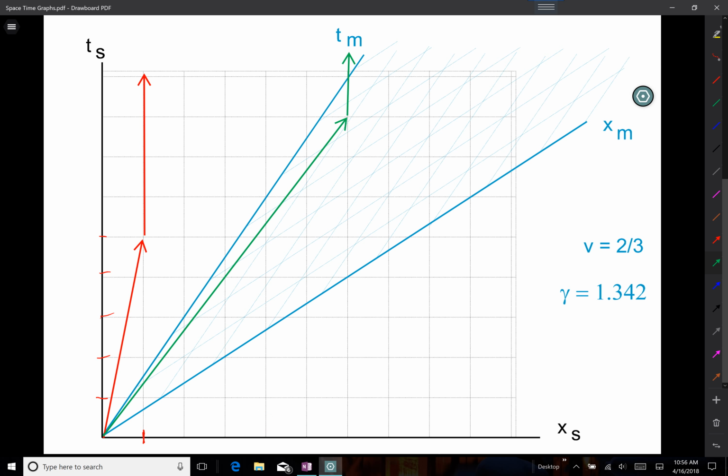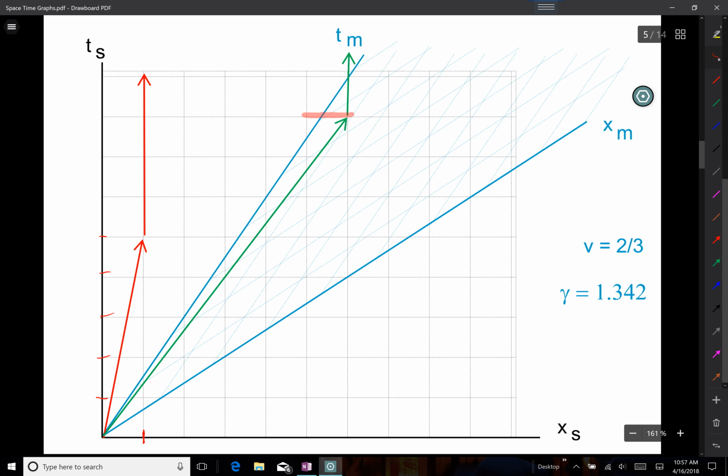This is the diagram for the spaceship flying at 3/4 the speed of light for 8 seconds. So this world line was flying for 8 seconds. Here's 1, 2, 3, 4, 5, 6, 7, 8.